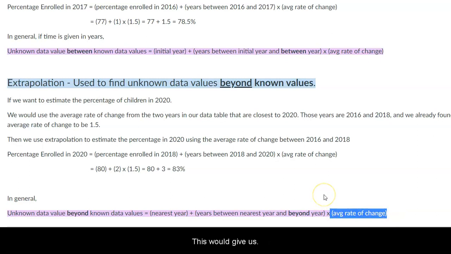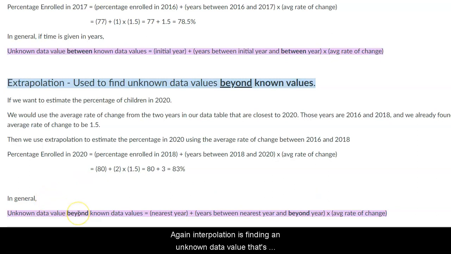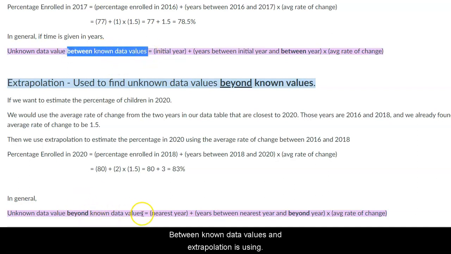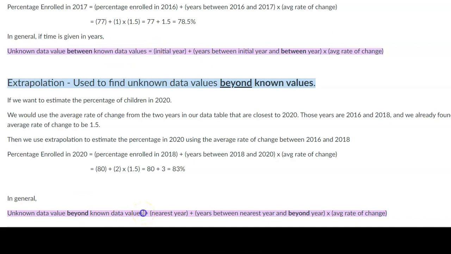This would give us the data value for that beyond year. So again, interpolation is finding an unknown data value that's between known data values, and extrapolation is using known data to estimate an unknown data value that's beyond the known data.